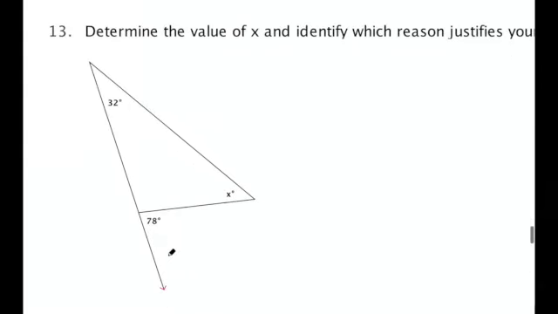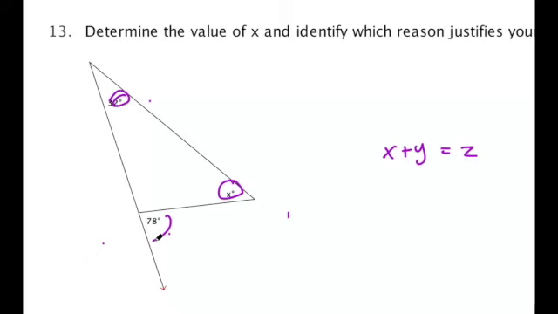All right, so now this one is the remote angles. So you have 32 and you have x, and those two, so x plus y equals z, z being the one right here on the exterior. The exterior is equal to the two interior angles that are not adjacent, that aren't touching it.